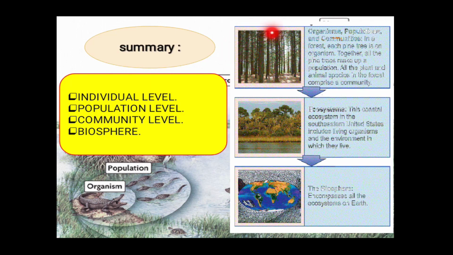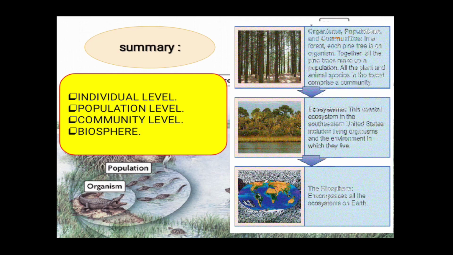Individuals of the same type which can interbreed form a species, and the same type of species live together in the same place, known as a population. Different populations live together in the same geographical area, known as a community.